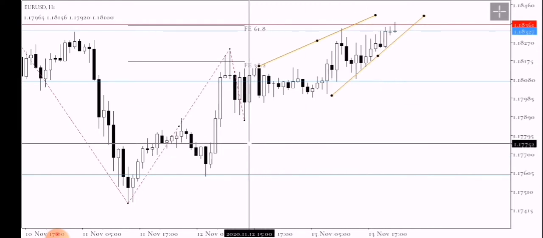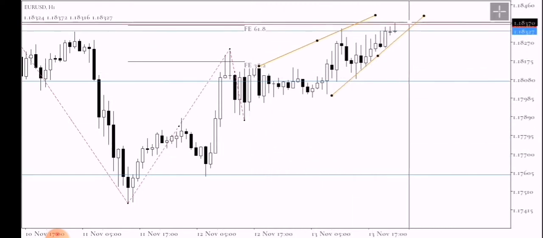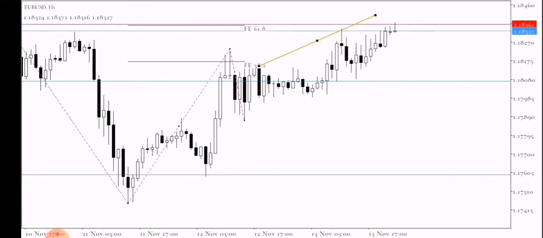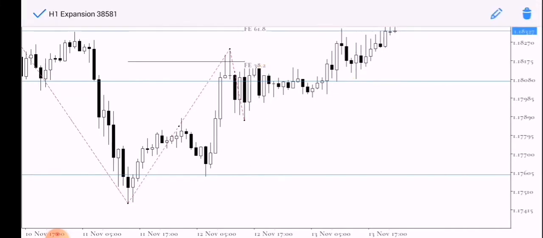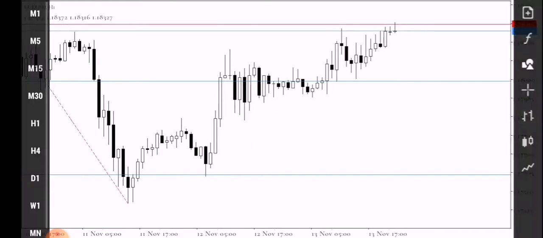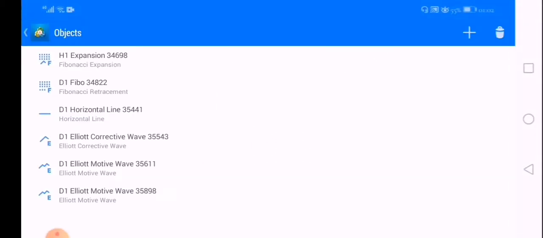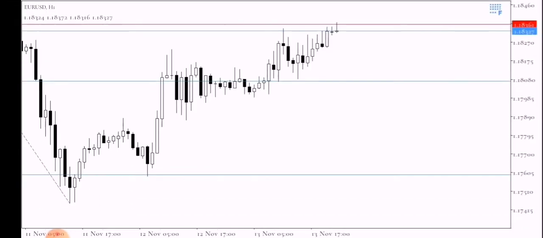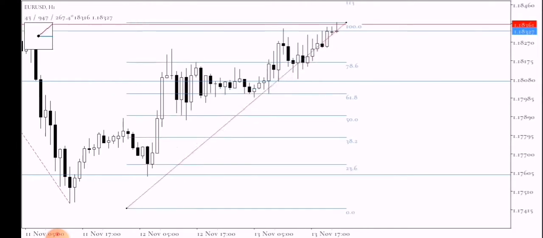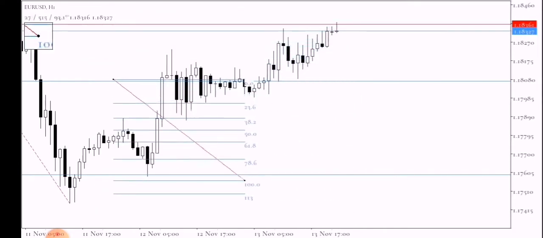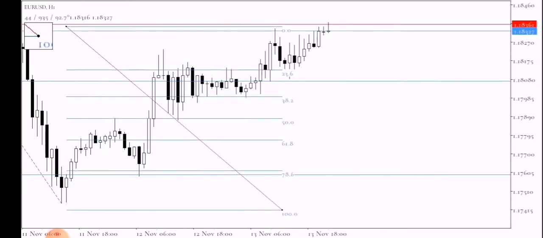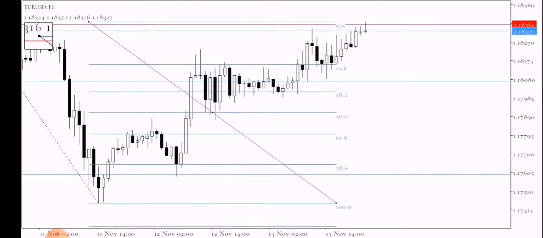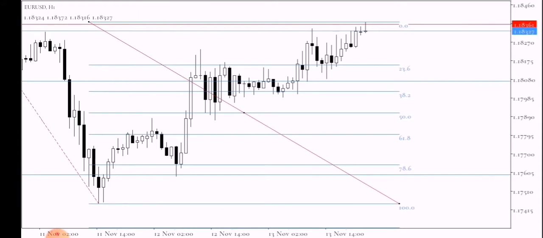So assuming that this move has completed wave 5 here, what we're going to do now is delete these trend lines, delete that Fibonacci tool there, and take a Fibonacci retracement tool. Draw it up there, move it alongside.